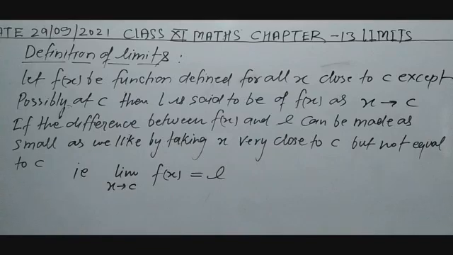Then L is said to be the limit of f(x) as x tends to c if the difference between f(x) and L can be made as small as we like by taking x very close to c but not equal to c. This is the basic definition of limits.